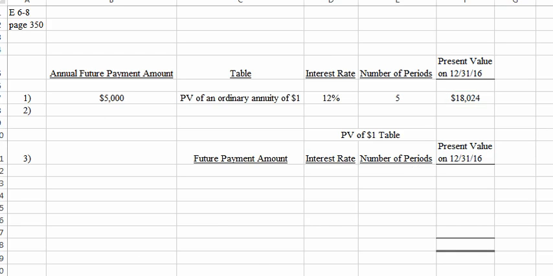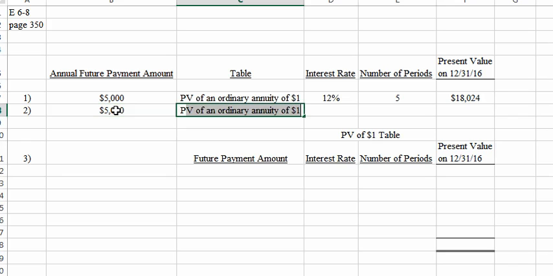Okay, our next situation, the first payment is received on December 31, 2016, and interest is compounded annually. Okay, here, the first payment is received at the beginning of the year. So that makes it an annuity due. The annual future payment amount stays at $5,000.